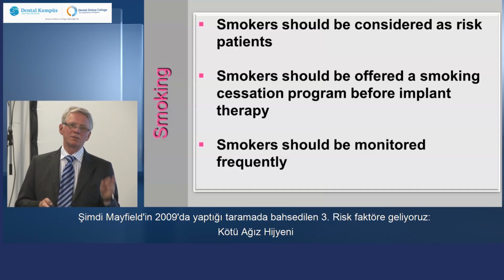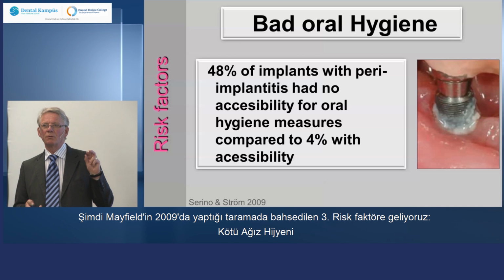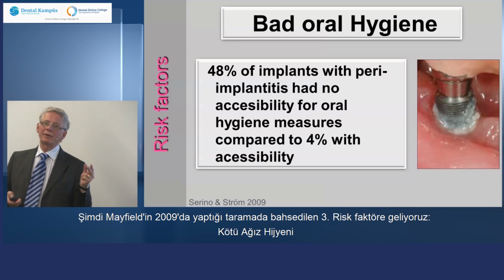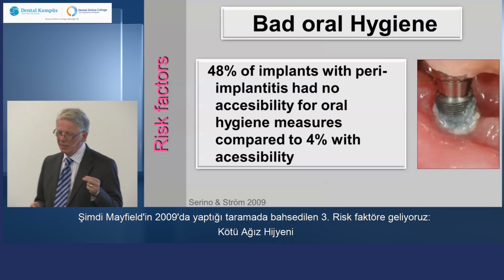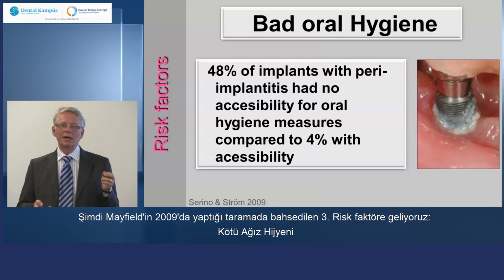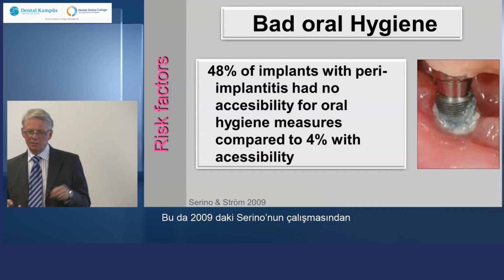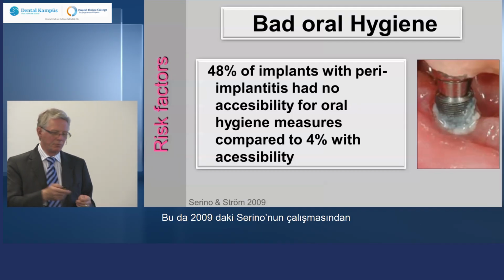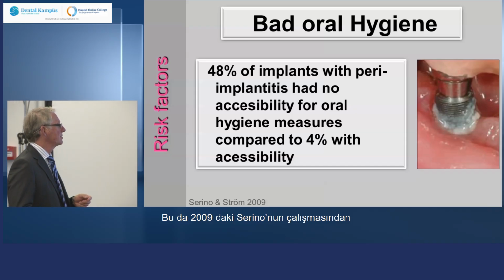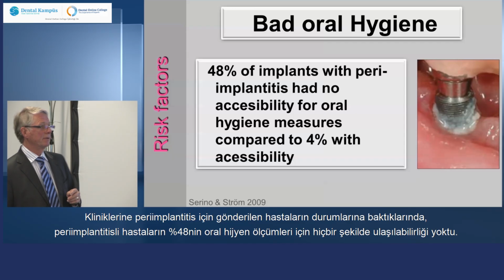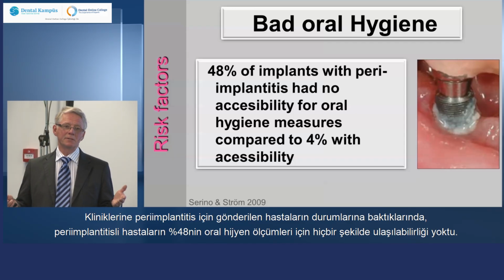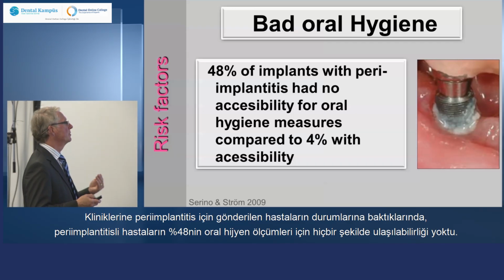Now coming to the third risk factor that was demonstrated in the review by Lisa Mayfield in 2009, and that was bad oral hygiene. And here are results from a study by Serino and Ström in 2009, when they looked at cases in their practice referred for periimplantitis treatment.